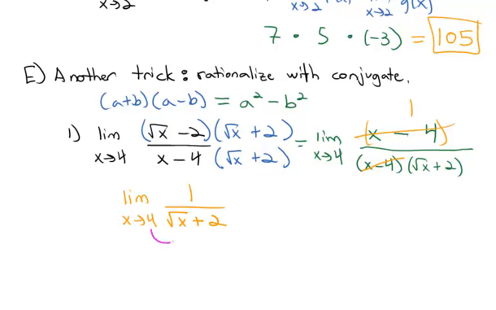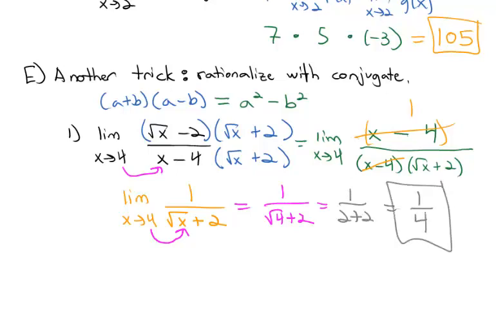Now this is nice because we can actually plug the 4 in. It was undefined at the beginning. 4 minus 4 is 0, but now when we plug 4 in, it won't be undefined. Now we have 1 over the square root of 4 plus 2, and now we're in business because the square root of 4 is 2. We have 1 over 2 plus 2, which is 1/4.